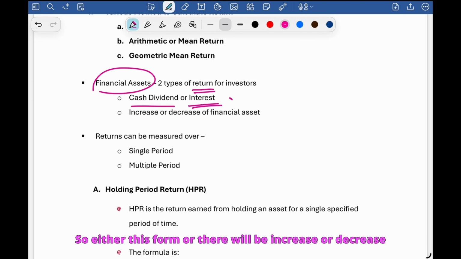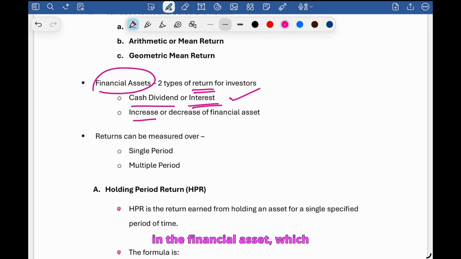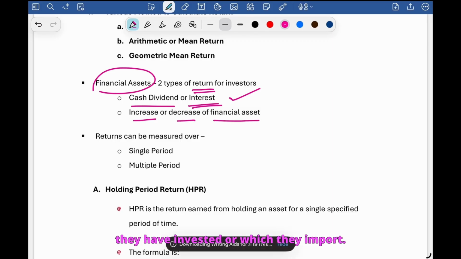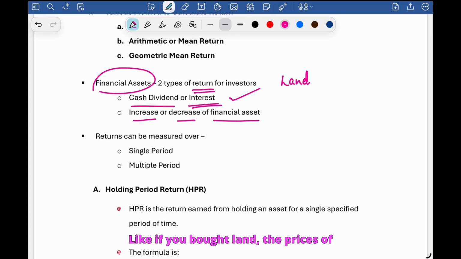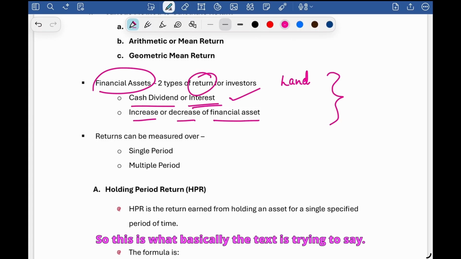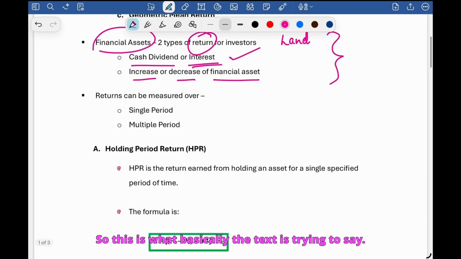Or there will be an increase or decrease in the financial asset which you have bought. Like if you have bought land, prices of the land will vary after 2 or 3 years. It might increase or it might decrease. If it increases, then you are getting a positive return. This is what the text is trying to say.